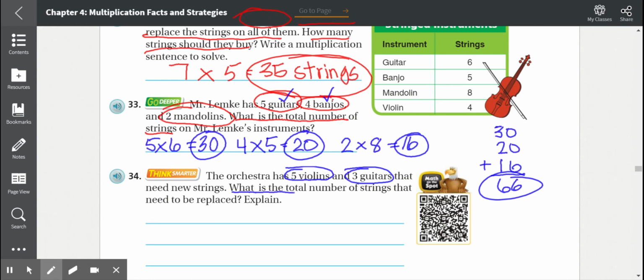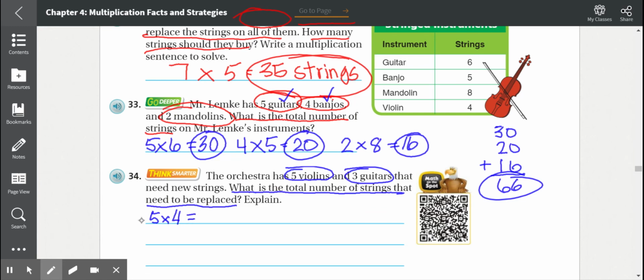What is the total number of strings that need to be replaced? So let's start with violins. 5 violins times how many strings do they each have? 4, that's what it says, 4.